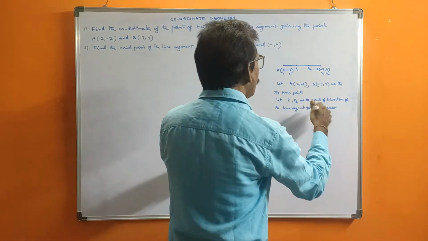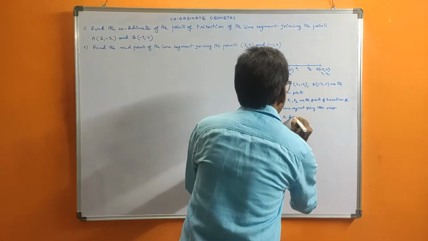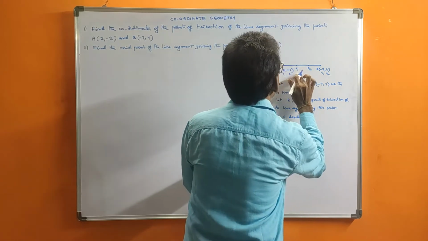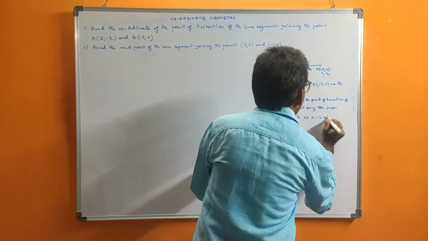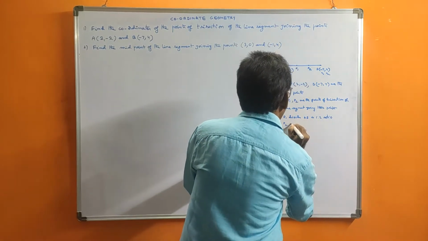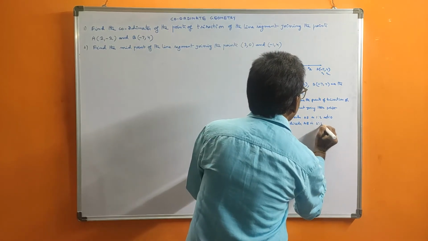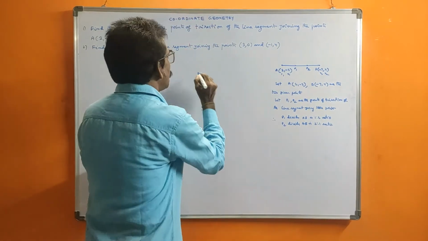Therefore, P1 divides AB in 1:2 ratio, and P2 divides AB in 2:1 ratio. So we substitute in the formula.